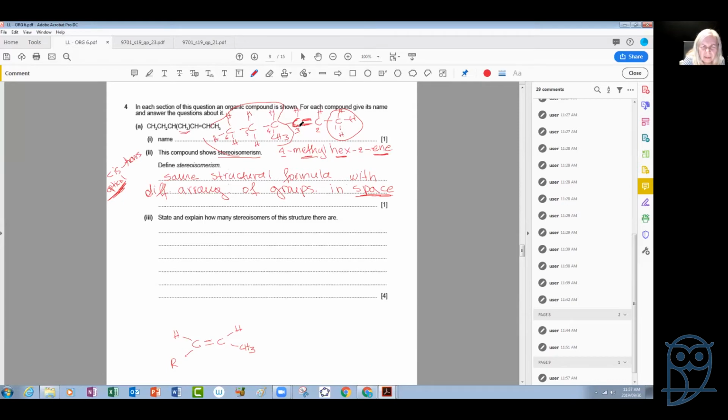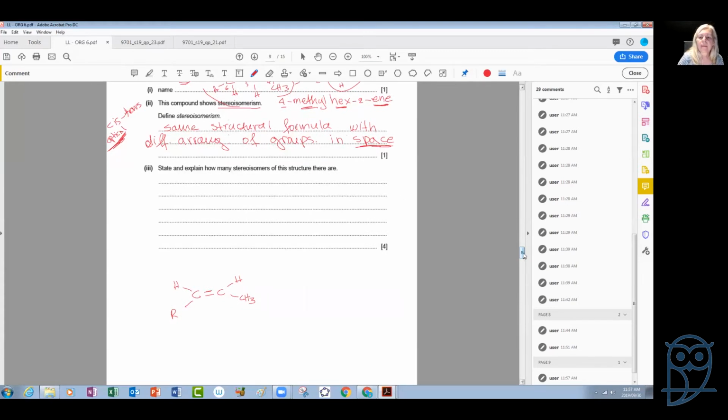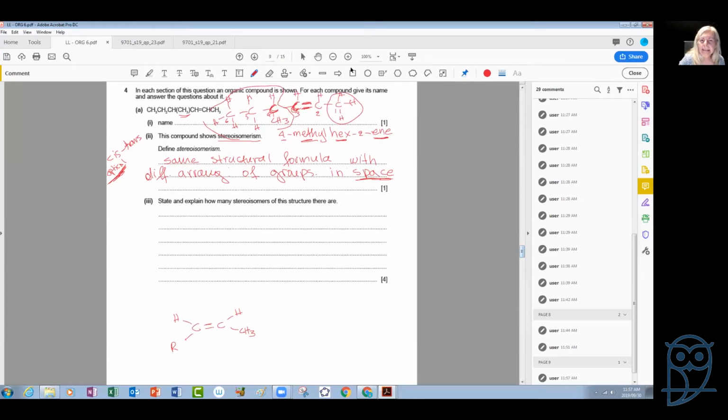Let me do something, because for us later on to see the chiral carbon, instead of writing all that as an R, I'll write it like this.